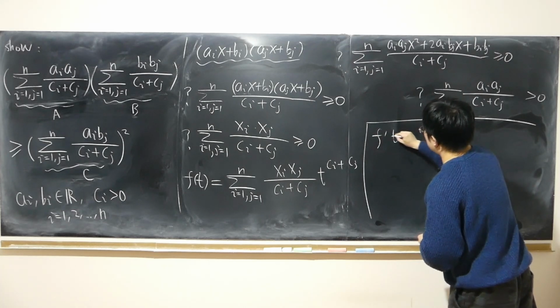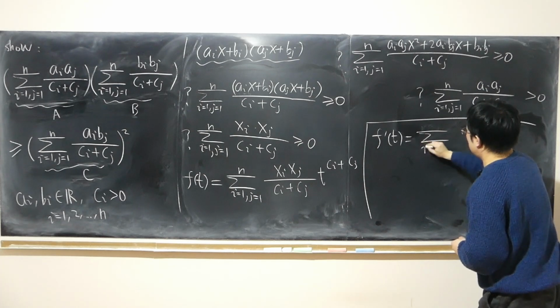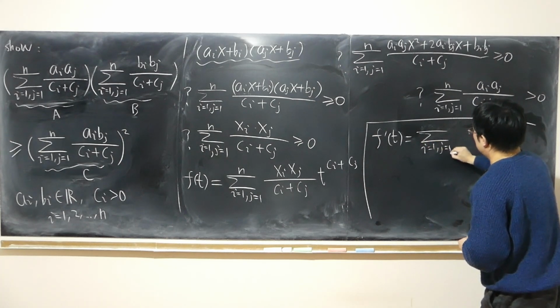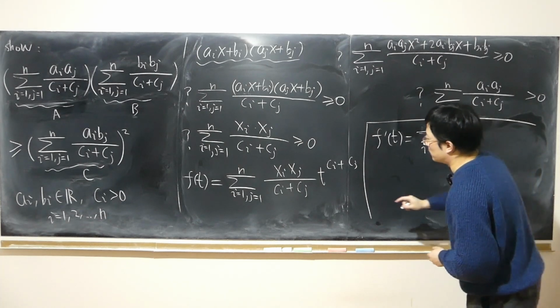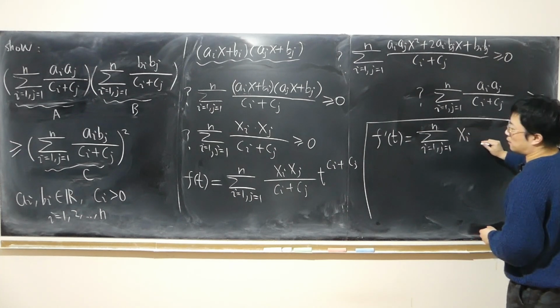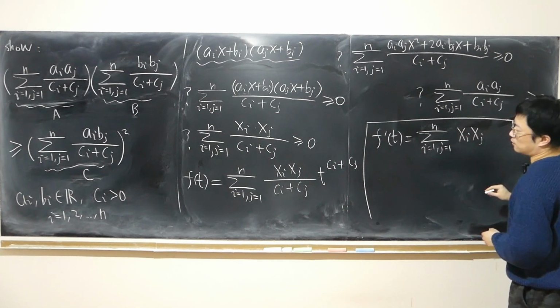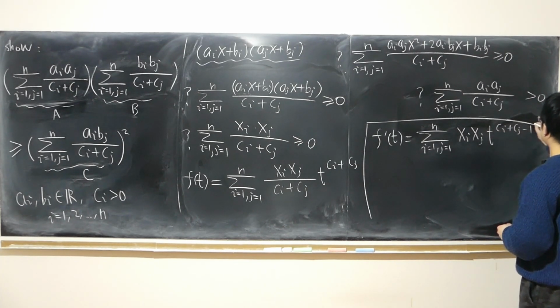F prime of t. Double sum. ci plus cj cancel with this ci plus cj. So xi times xj times t to the power of ci plus cj minus 1.